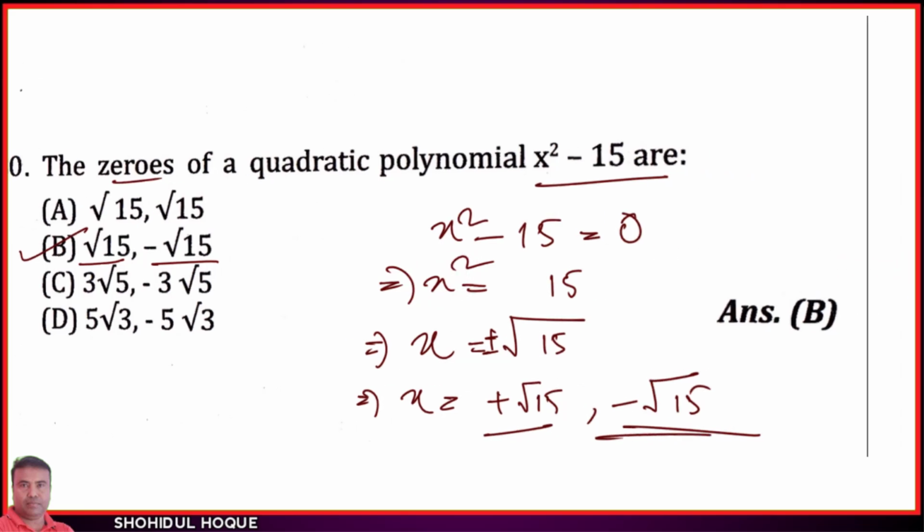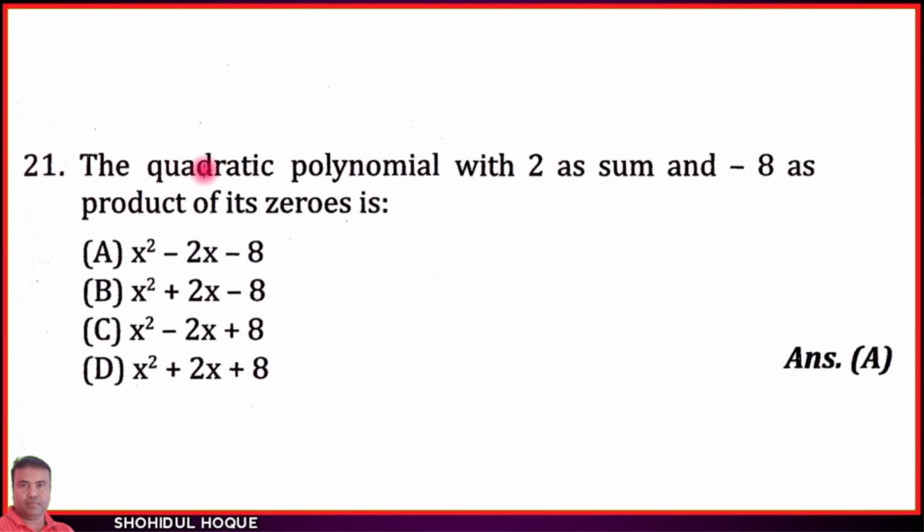Alright. Next, question number 21. The quadratic polynomial with 2 as the sum and minus 8 as the product of its zeros is: Option A, x square minus 2x minus 8. Option B, x square plus 2x minus 8. Option C, x square minus 2x plus 8. Option D, x square plus 2x plus 8.